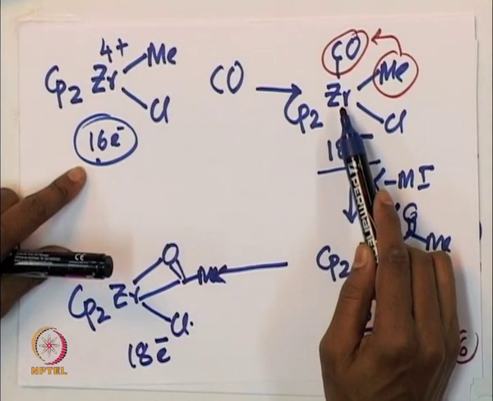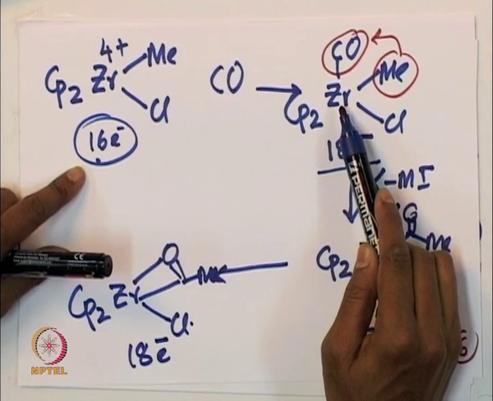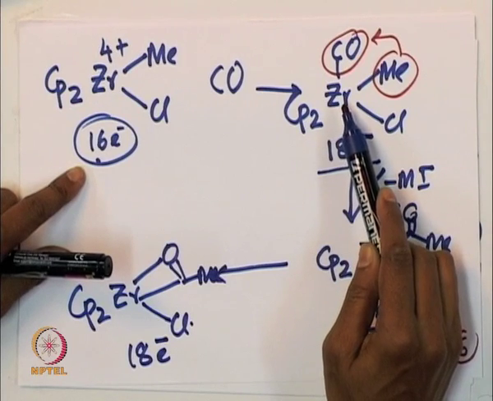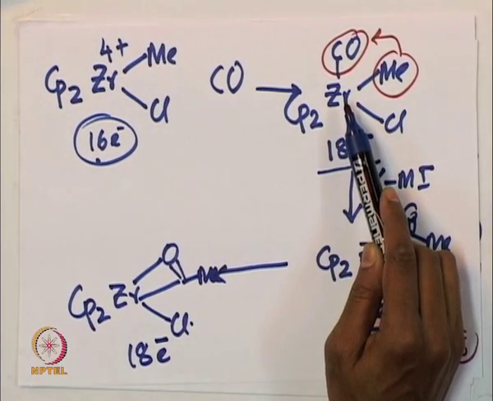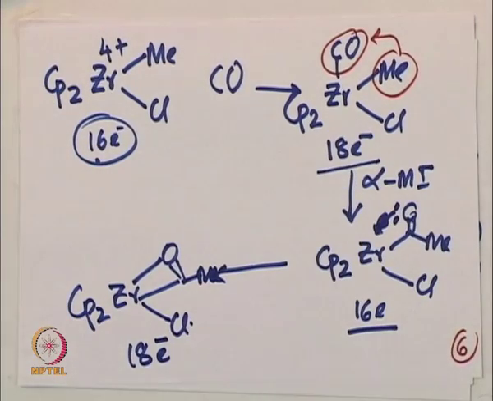For such a d0 metal, it is very difficult to stabilize a CO complex. The CO complex is going to be unstable, as we tried to discuss, due to the absence of back bonding, and actually there is almost no example of a d0 metal center with carbon monoxide bound to it. Crystallographic characterization is extremely difficult because you do not have much stabilization.